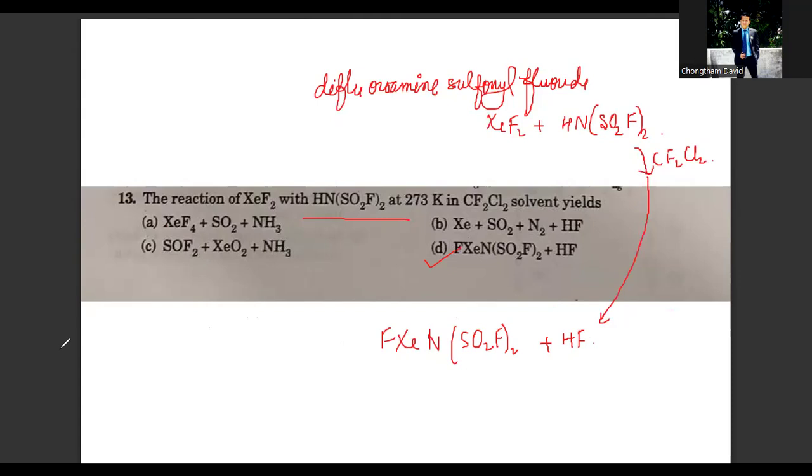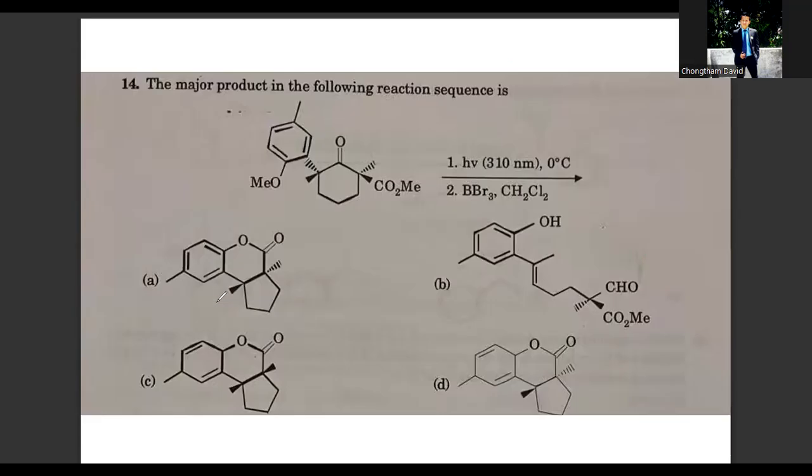Let us read the next question. Question number 14. The major product in the following sequence of reactions is. Now the reaction sequence provided in this above image involves a photochemical reaction followed by treatment with tribromide in solvent CH2Cl2.